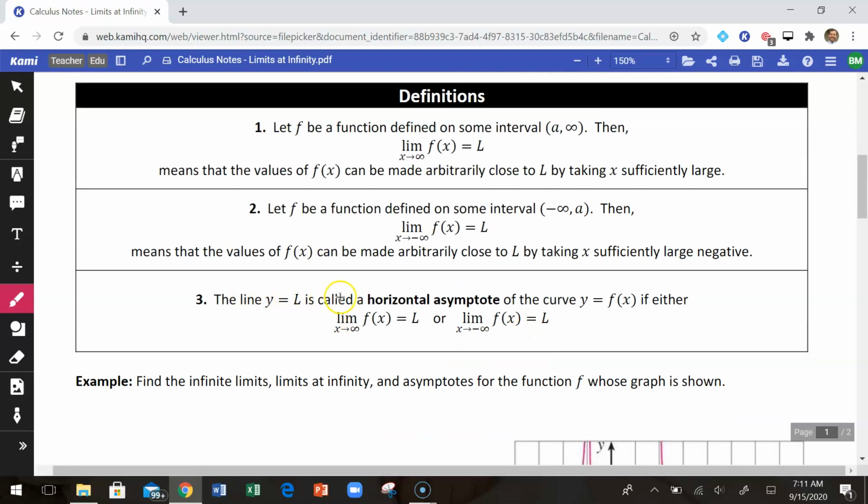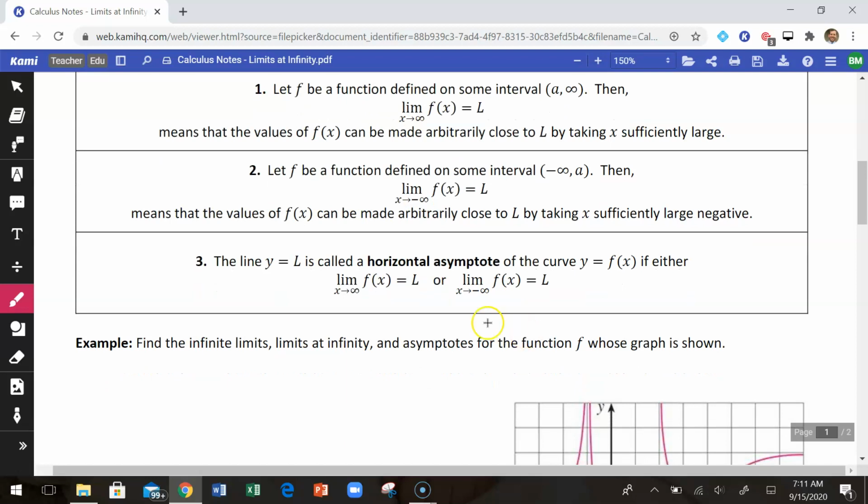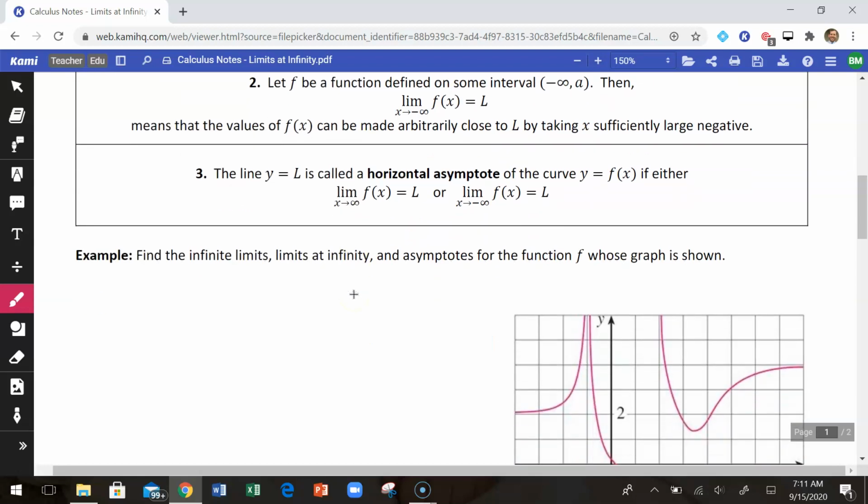And then it says the line y equals L is a horizontal asymptote if either the limit as x approaches infinity is L or the limit as x approaches negative infinity is L. So the only way that we have a limit as x approaches infinity or negative infinity is if there is a horizontal asymptote in our graph.